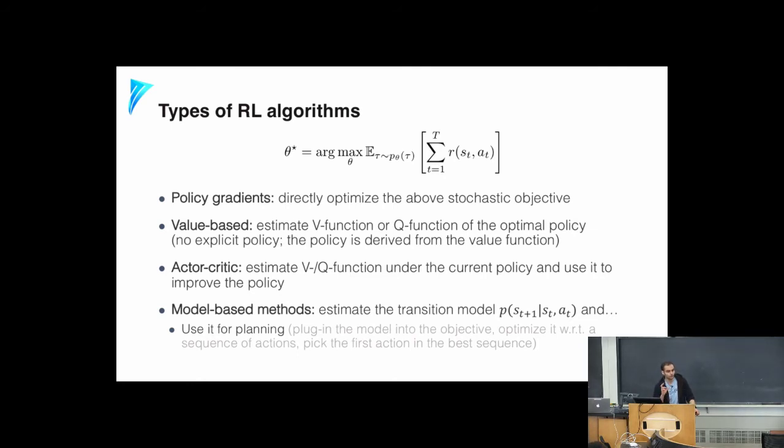Maybe a little connection is to our graphical model. So when we compute these forward and backward messages, this is equivalent, in some sense, to a model-based method. So another alternative is to use this model to improve the policy, right? And this is what, for example, AlphaGo is doing.